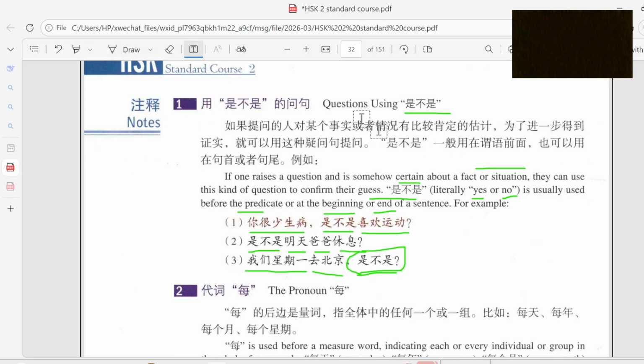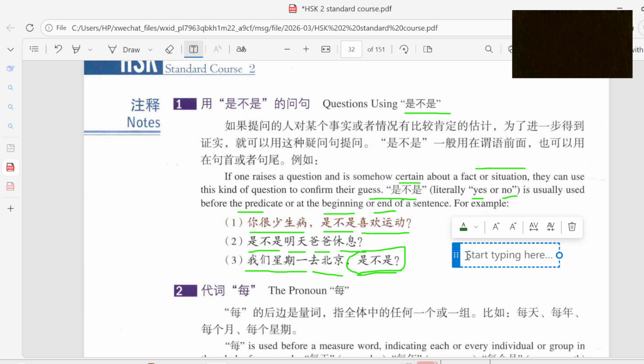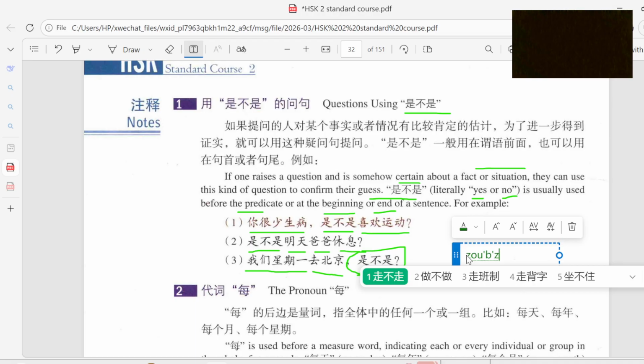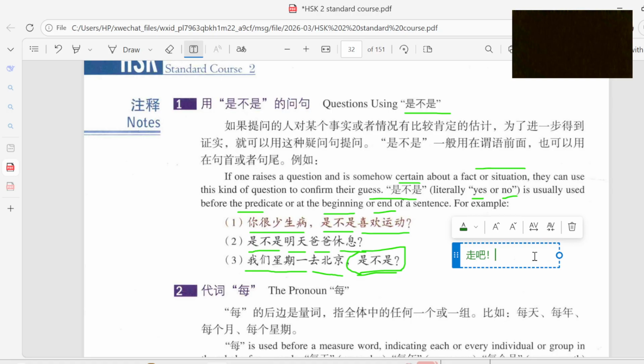Let me write it here. 走吧, 走吧. In this case, you're not commanding, okay? It's a suggestion, 走吧. You grab someone's hand and say, 走吧.